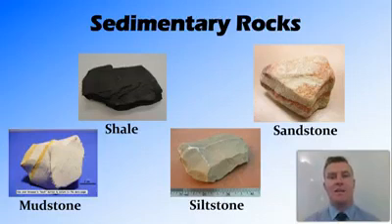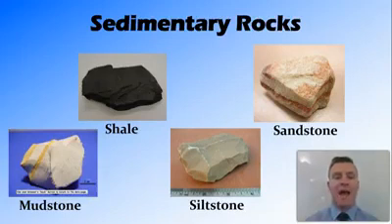Some examples of sedimentary rocks include mudstone, shale, siltstone and sandstone. The difference here between the different types of rocks is the sediments that make up those rocks, both the size of the sediments and the minerals found in those sediments. So sandstone has reasonably large sediments that are cemented together, while siltstone has very fine grains of sediment cemented together.